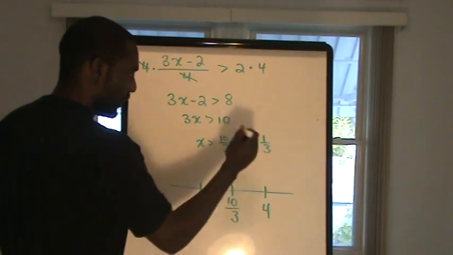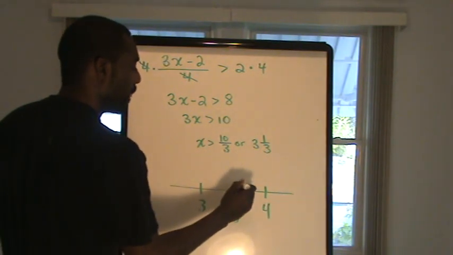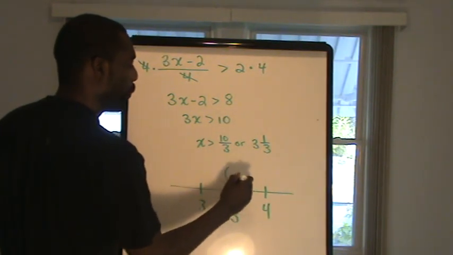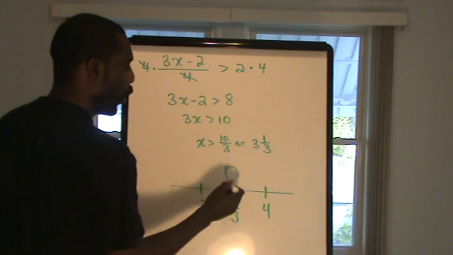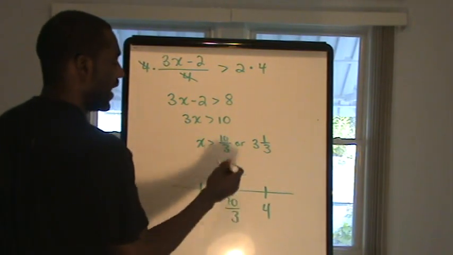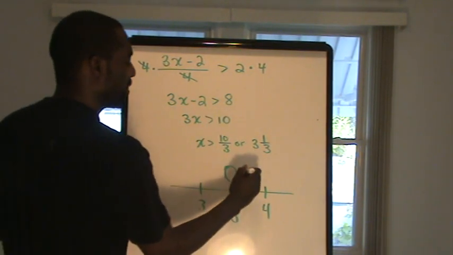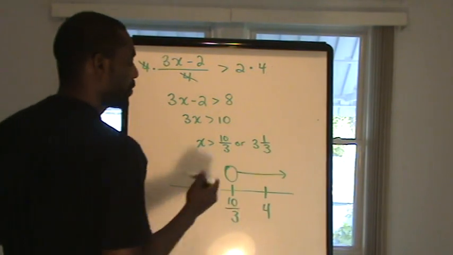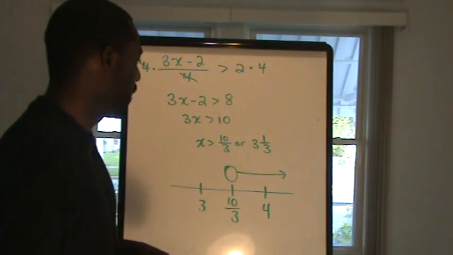We don't want 3 1/3, we don't want 10/3, so we have an open circle above the number. And since we want all numbers greater than 10/3, we move our arrow to the right. Okay.